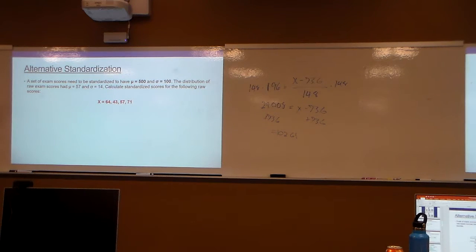Okay. So let's say I've got a set of exam scores, and I want to have a mean of 500 and a standard deviation of 100. My raw distribution has a mean of 57 and a standard deviation of 14. What I need to do is calculate the standardized scores. This is what's going on in intelligence assessments, right?